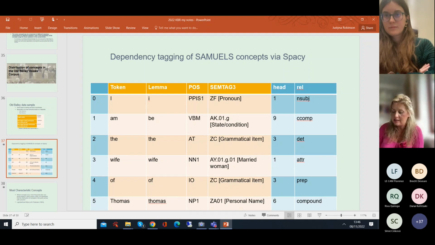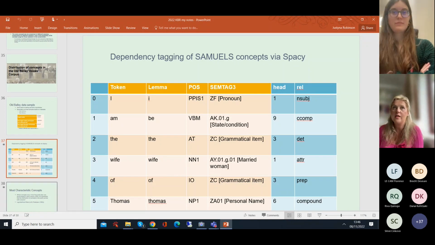Samuel's concepts are the historical concept tagger developed by Glasgow University, so that we could then query the data with this imposed conceptual structure, but also we added the dependency relations between concepts to the text.